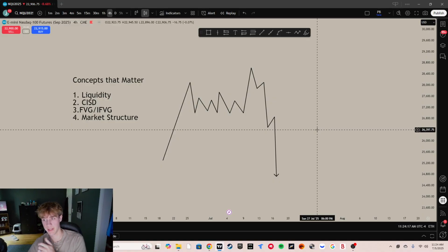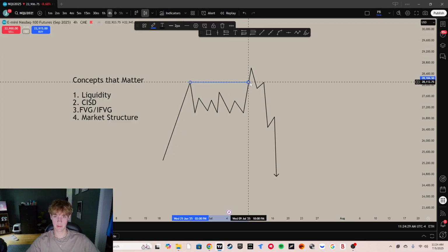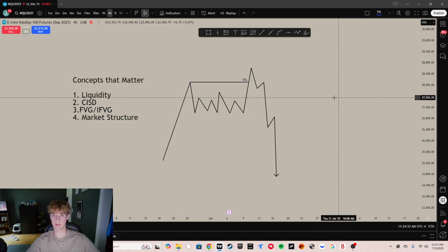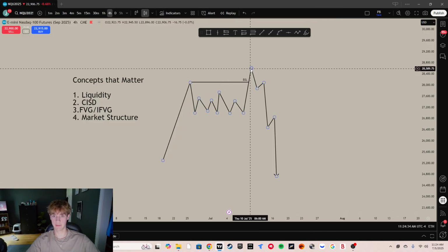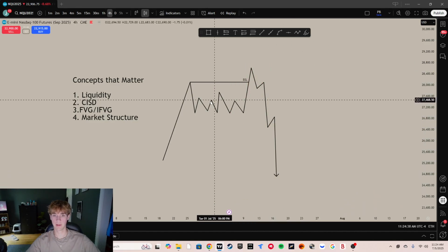I like to view it as an AMD model: accumulation, manipulation, distribution. So we have our push up. We make these highs right here. Remember liquidity, right? This is your buy side liquidity. Pretend this isn't here yet, that's irrelevant right now. We're looking at the move up and the move after.